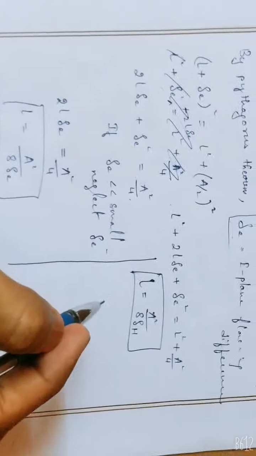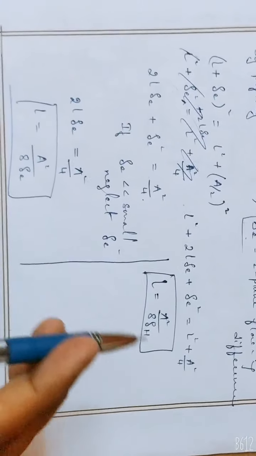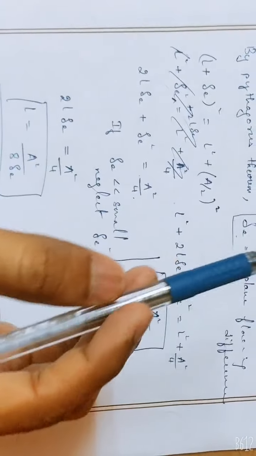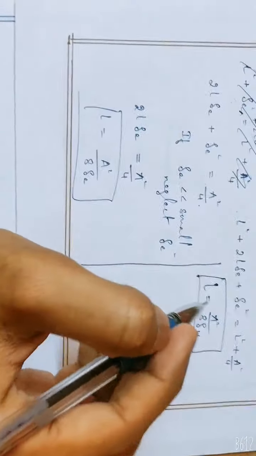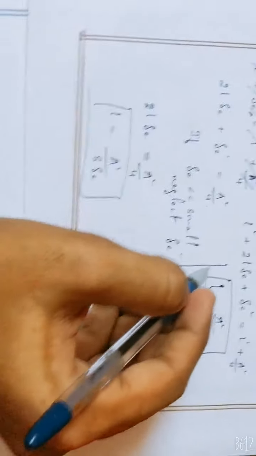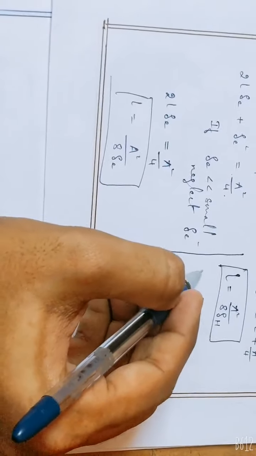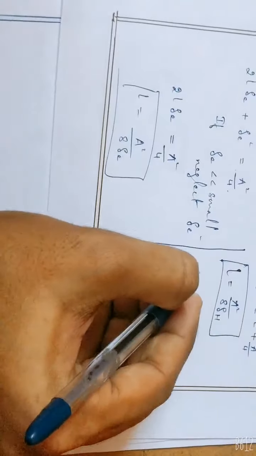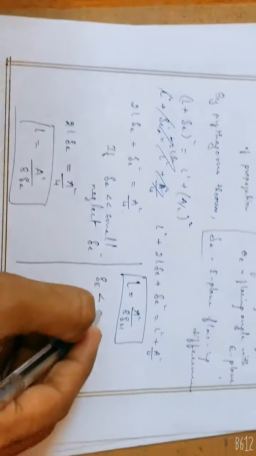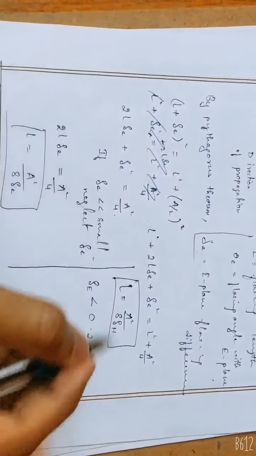Now we need to focus on the limitations of the horn antenna with respect to the electric field and magnetic field. When we are designing the horn antenna, we need to mainly focus on these limitations. That is, for the electric field, delta E should be lower than 0.25 lambda.